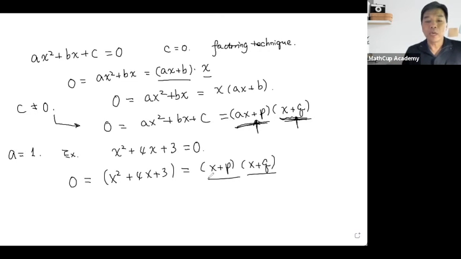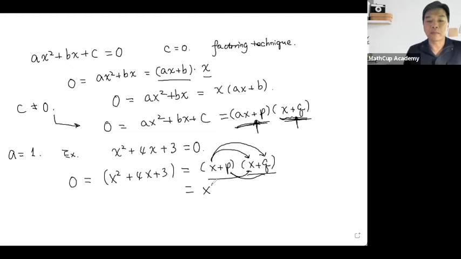If we assume it equals (x plus p) times (x plus q), let's expand this out and compare the coefficients to x squared plus 4x plus 3, which we know. By doing the FOIL, we take x times x, x times q, p times x, and p times q.